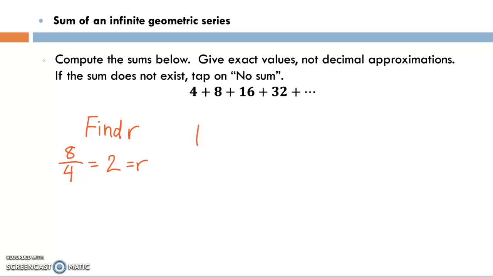That means that the absolute value of r is 2, which is greater than 1. So, no infinite sum exists. So always check r.